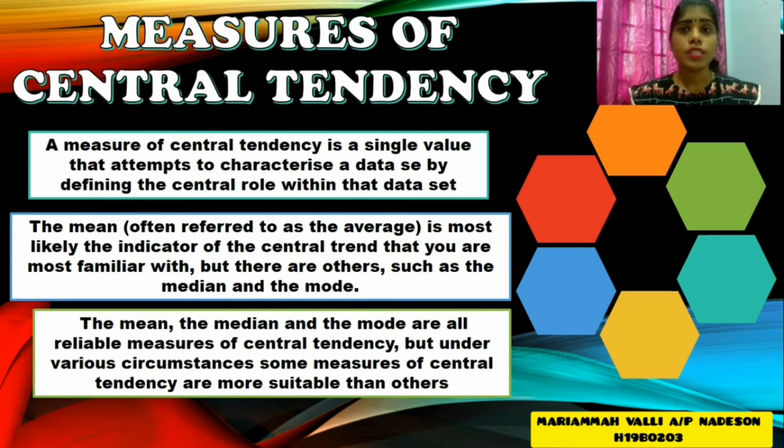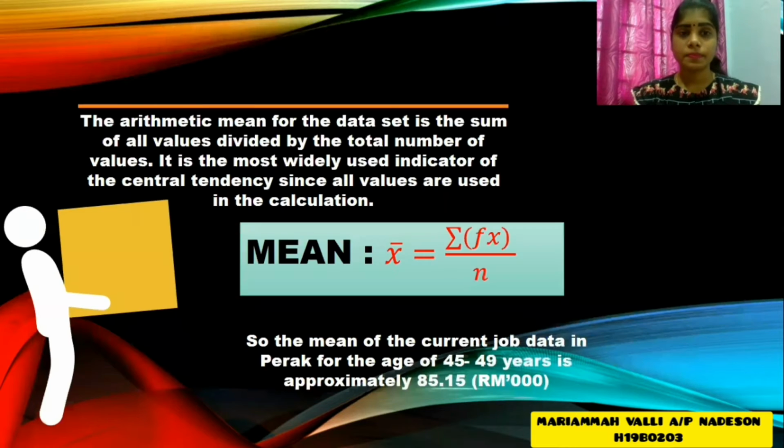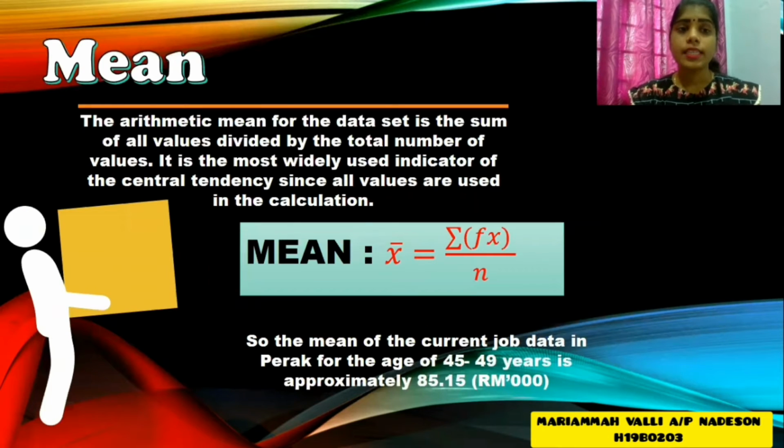In the following section, we will look at the calculation of median, mode and mean for grouped data. Mean: the arithmetic mean of the data set is the sum of all values divided by the total number of values.